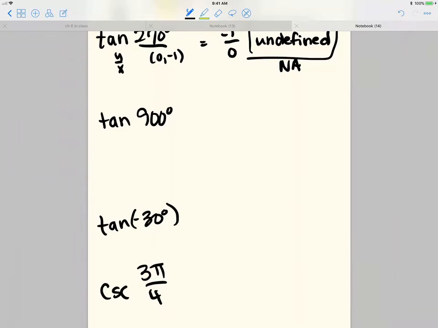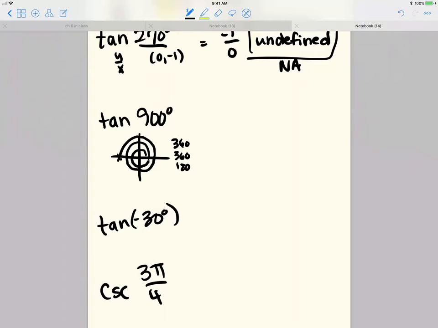All right. 900 degrees, again, you have to figure out where that lives in degree world. So for 900 degrees, you would go around 360 degrees, around again another 360 degrees. That would put you at 720, and then you would go another 180 degrees, putting you back over here where pi lived.